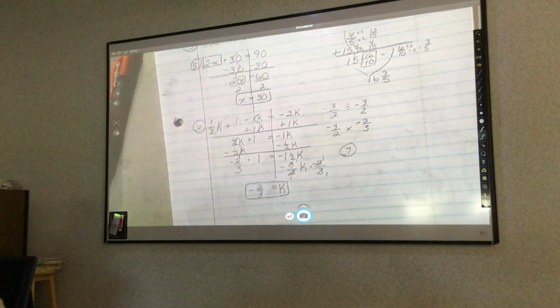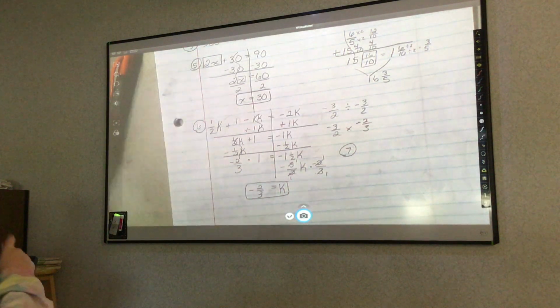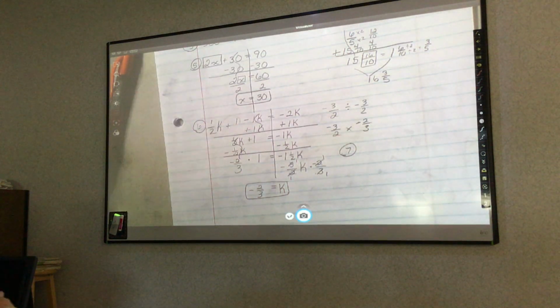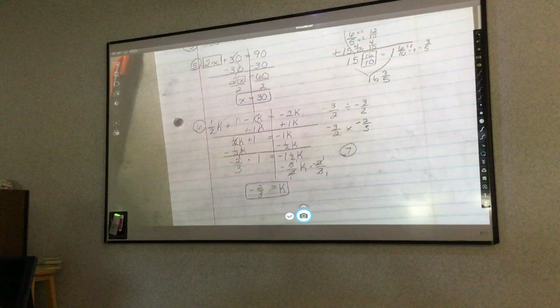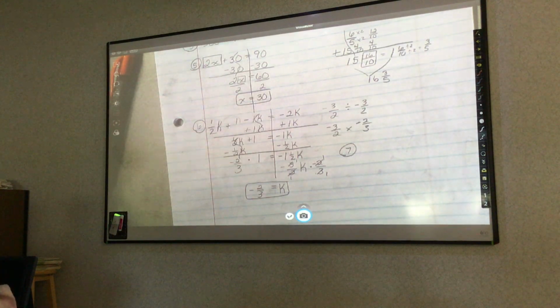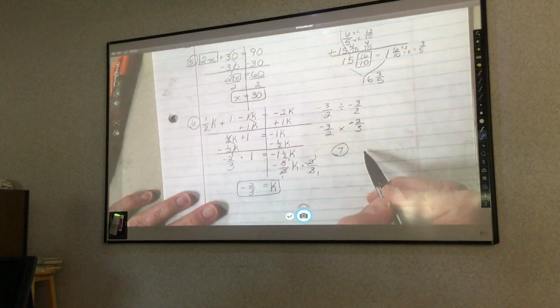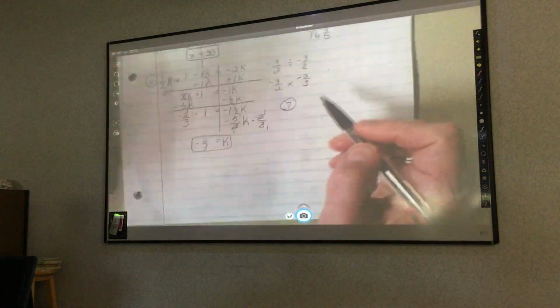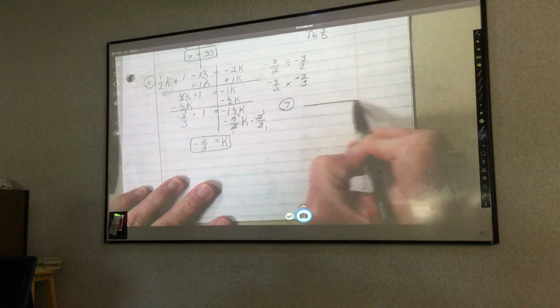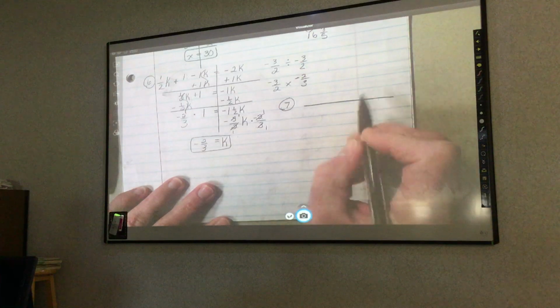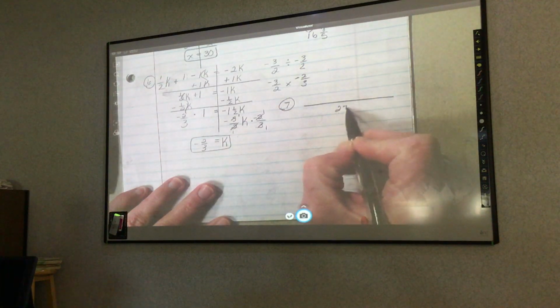Alright, number 7. If you want to place a 9 3/4 inch towel bar in the center of a door that is 27.5 inches wide, how much space will be on each side of the towel bar? When I started this problem, I started by drawing a picture. Here is my door, and it said that is 27.5 inches.